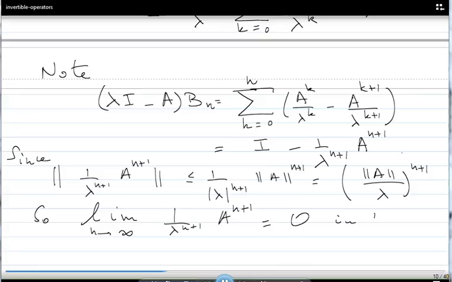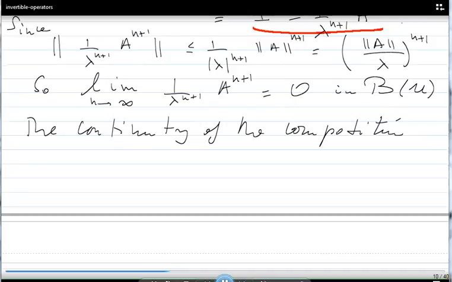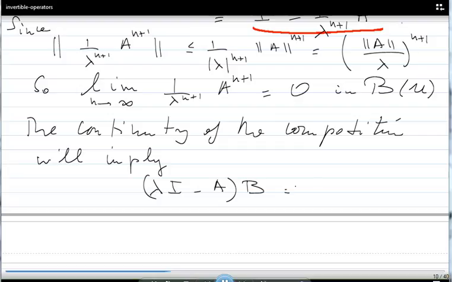This is the operator limit. Okay, so this gives us that the limit of this sequence of operators is equal to 0, and the continuity of the composition of operators will give us, at the limit, that lambda I minus a times B is equal to I.